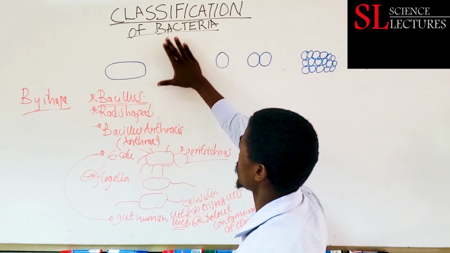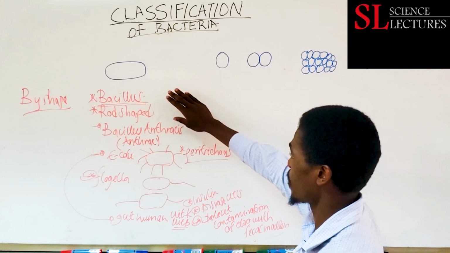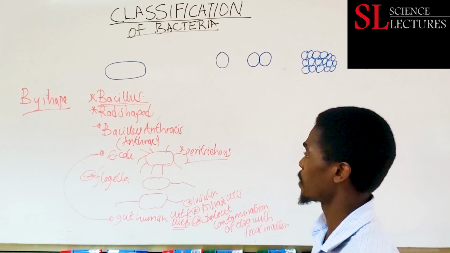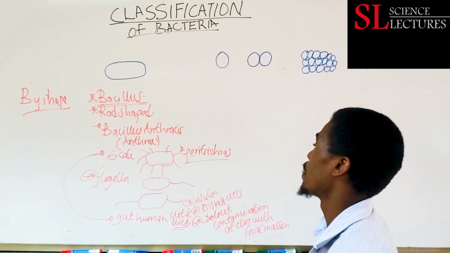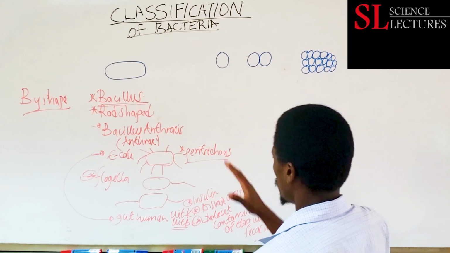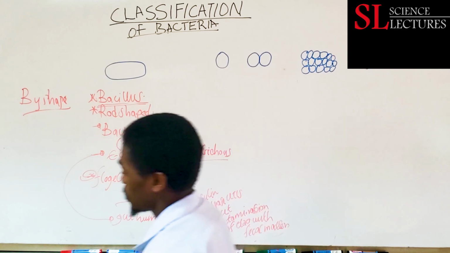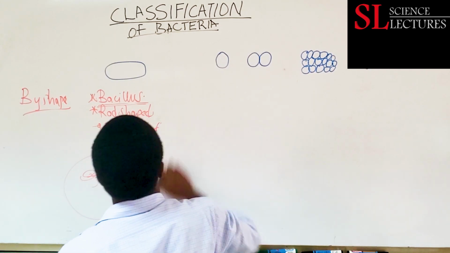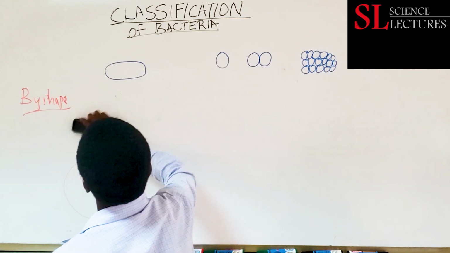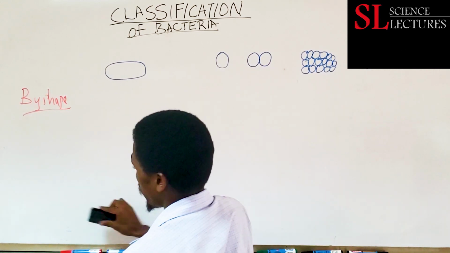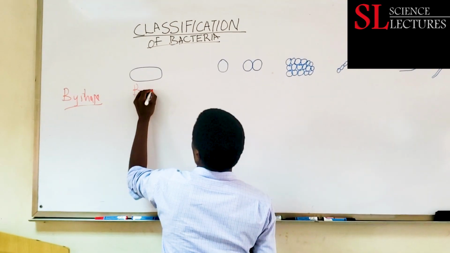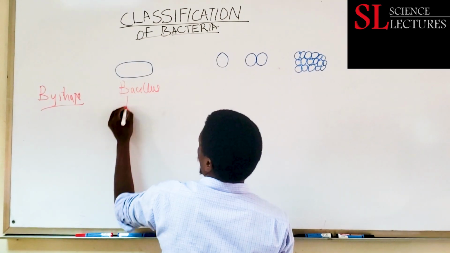However, the point is classification by shape, and we have bacilli that are rod shaped, for example Bacillus anthracis and E. coli. So we are done with the rod shaped bacteria.